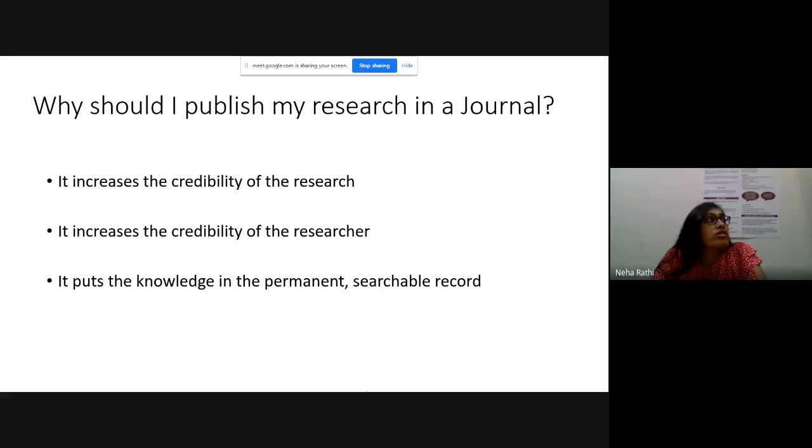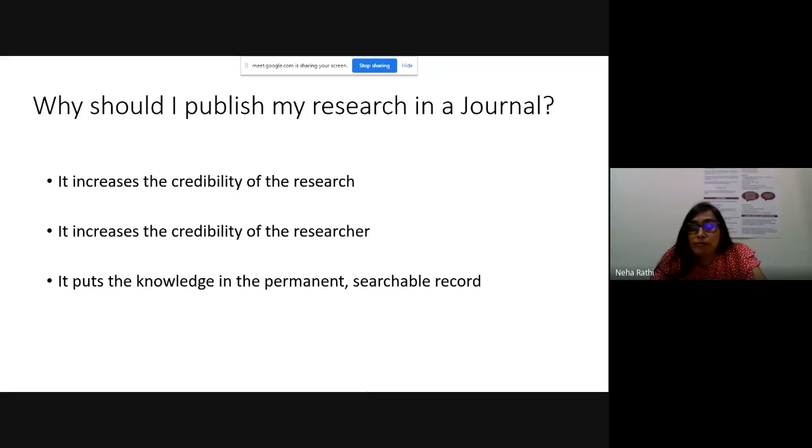If there are any glitches, the reviewers are going to tell you how to improve the article. If they think the study design is faulty, they're going to reject it. Whereas in a book or a blog, there's no one to review it, nobody to guide you whether it's right or wrong. Therefore, since peer review is key, publishing in a peer-reviewed academic journal definitely increases the credibility of the research.